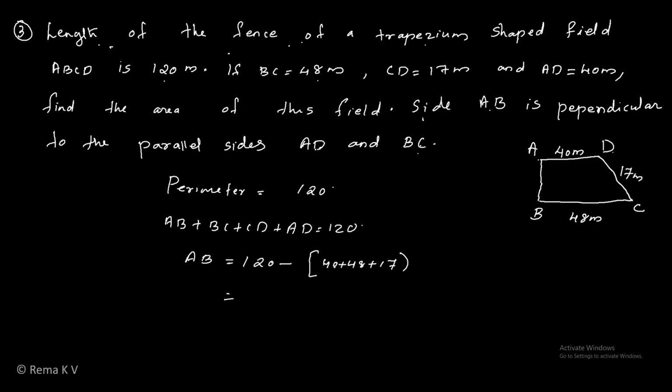So the answer is 15 meter. So you got AB here. AB is equal to 15 meter. It is not centimeter. See the unit given. Karthik, not 15 centimeter. It is 15 meter.